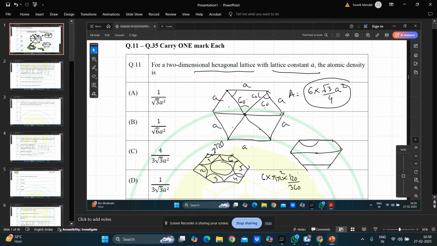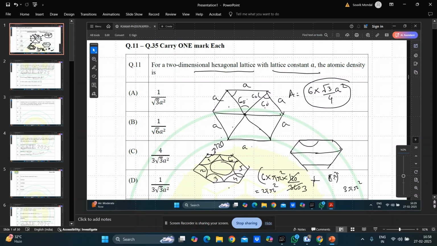So these are all the atoms which are like this, and there is an extra atom at the center. 120 by 360 is equal to 1 by 3, so this is equal to 2 pi r square. And there is an extra atom at the center if you consider it, so 1 into pi r square. So if you consider this center atom, this will be 3 pi r square.